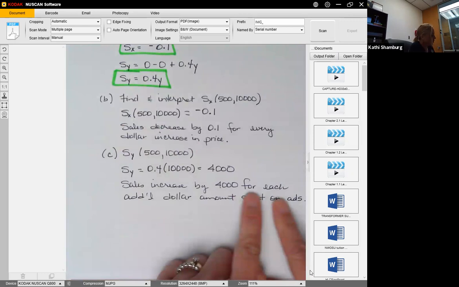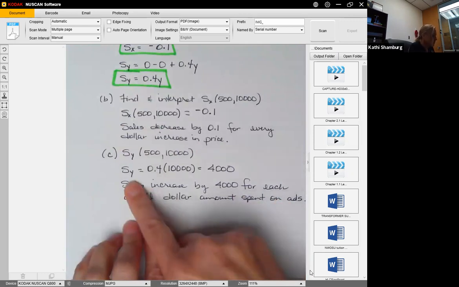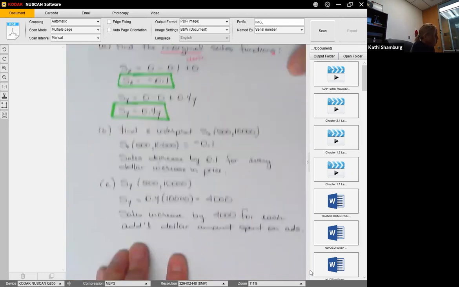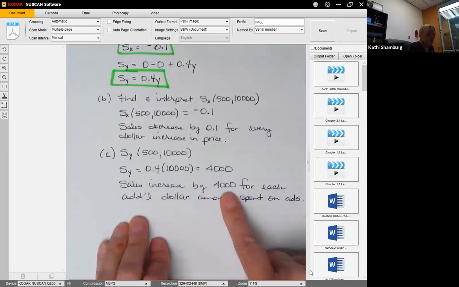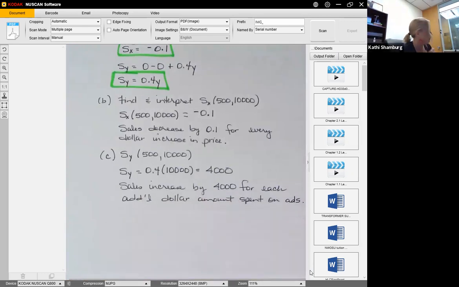Down here, we said for each additional dollar spent on ads. Why? Because this is with respect to y. So sales will increase 4,000 for each additional dollar amount spent on ads. All right, so that should do it for 7.2.